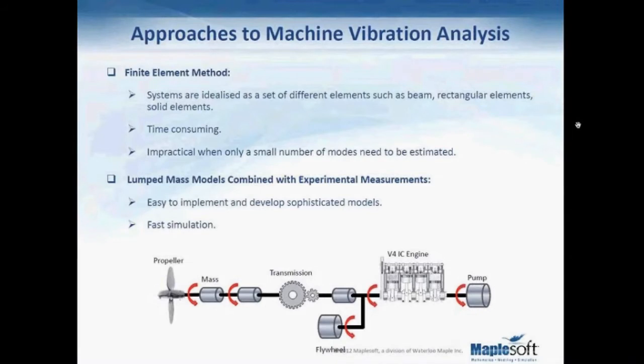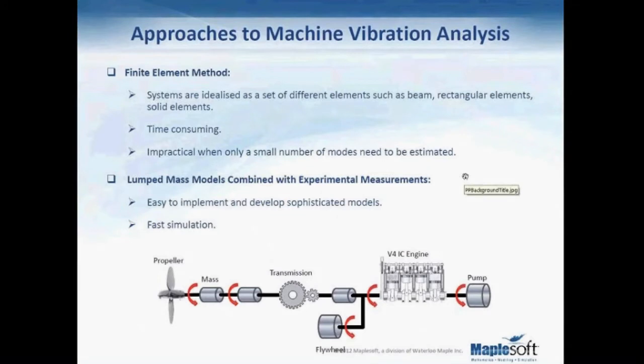In general, there have been two approaches to vibration analysis of mechanical structures. The first one is the finite element approach. This is a numerical technique where a system is discretized and idealized as thousands of basic elements. For example, these elements can be beam, triangular, or rectangular elements, and this results in solving a huge system of thousands of linear equations, and therefore it remains very time-consuming and very expensive.